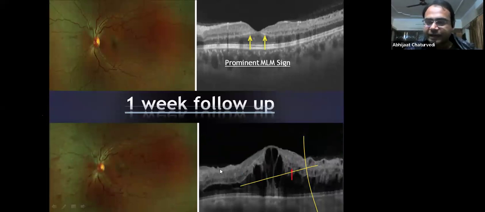So then I studied about that, and this is that prominent middle limiting membrane sign. If you see such a case, always be warned that something related to occlusion of the veins is going to happen. You may very well send the patient for a cardiology workup, and you will definitely find something.